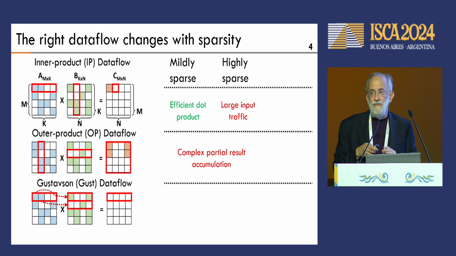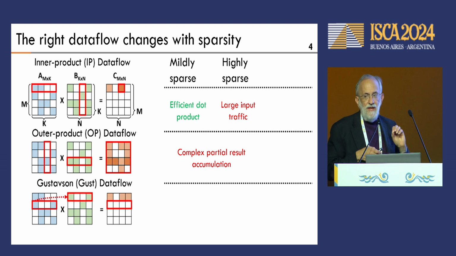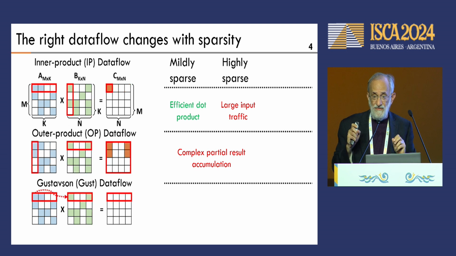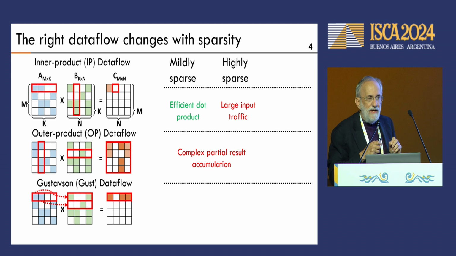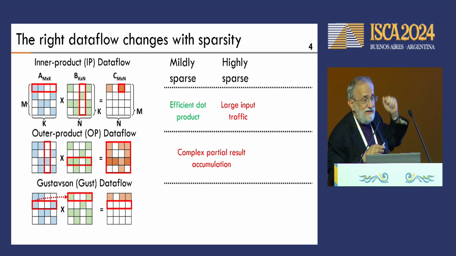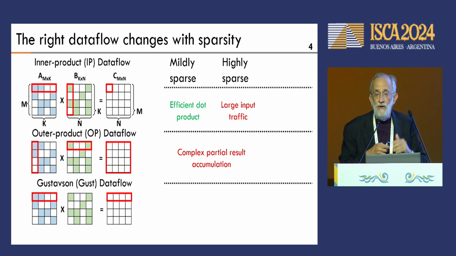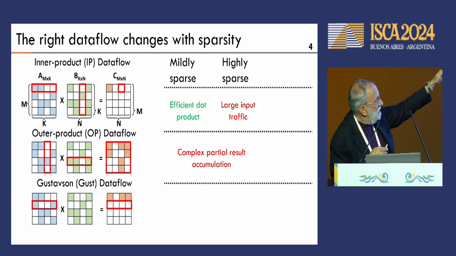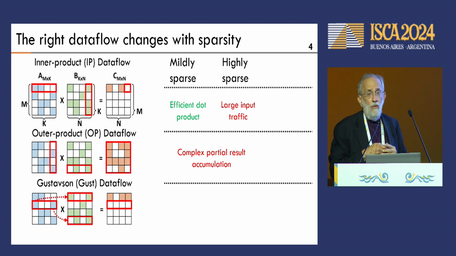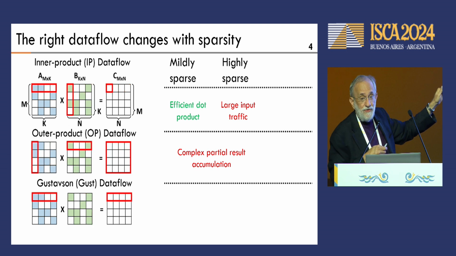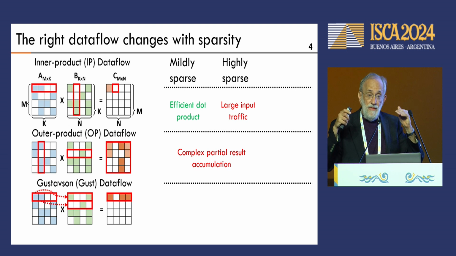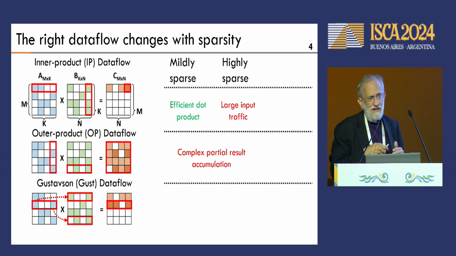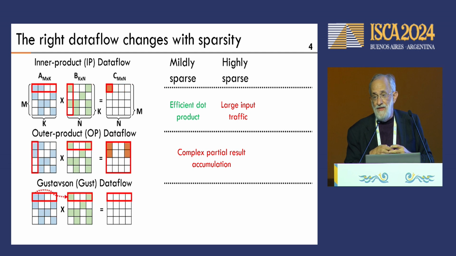The third type of data flow is the Gustavson data flow, also often referred to as a row-wise data flow, because when it's looking at a row of the A matrix, it needs to scale a corresponding row fiber of the B matrix. It scales them and then adds together the results, creating a row of the output.